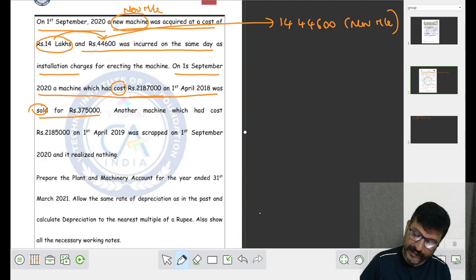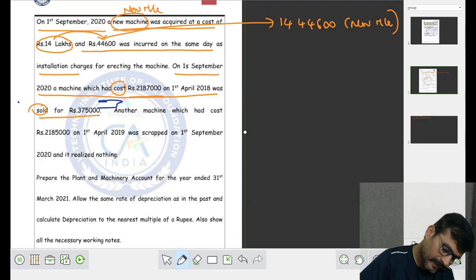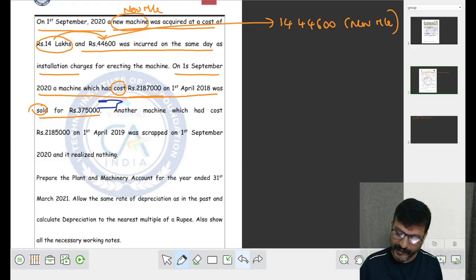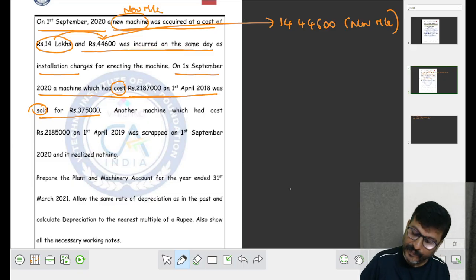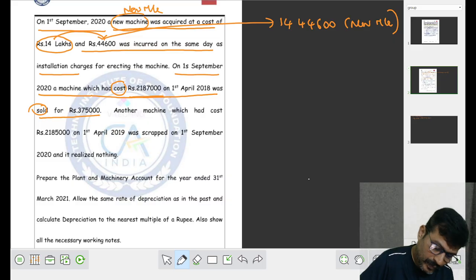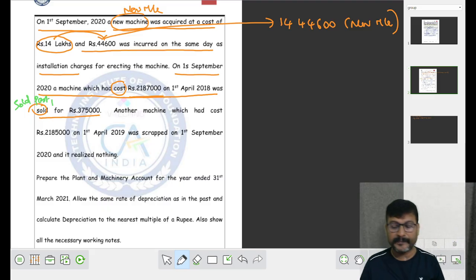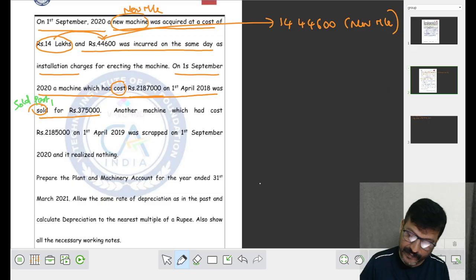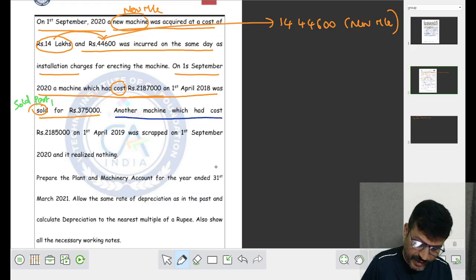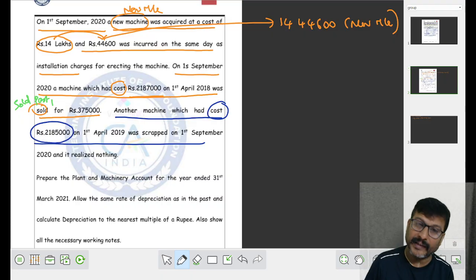I can say that what machine that they sold? They sold part 1. Then next, another machine which had cost rupees 21,85,000 on 1st April 2019.